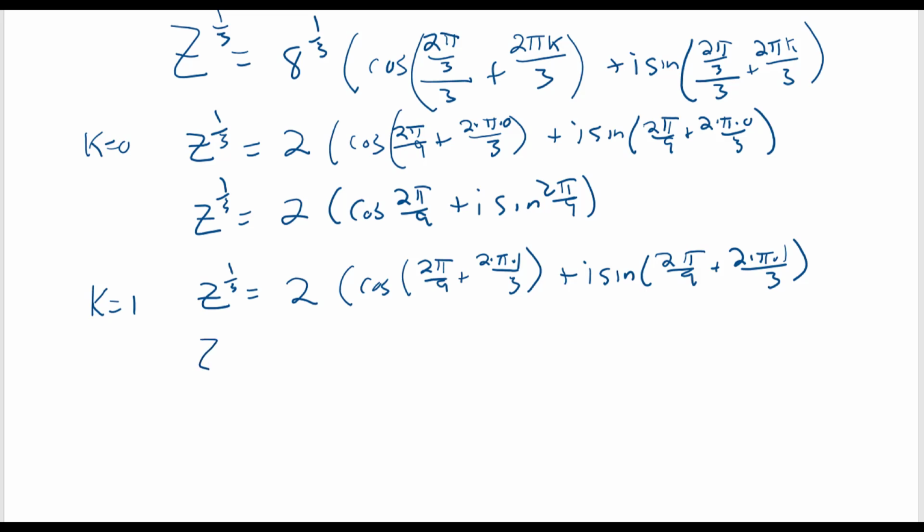So we end up with z to the 1/3 is 2 times cosine of, now to get these to have a common denominator, I need to multiply by 3 over 3. So 2 times pi times 3 is 6. 6 pi plus 2 pi is 8 pi over 9, plus i sine of 8 pi over 9.